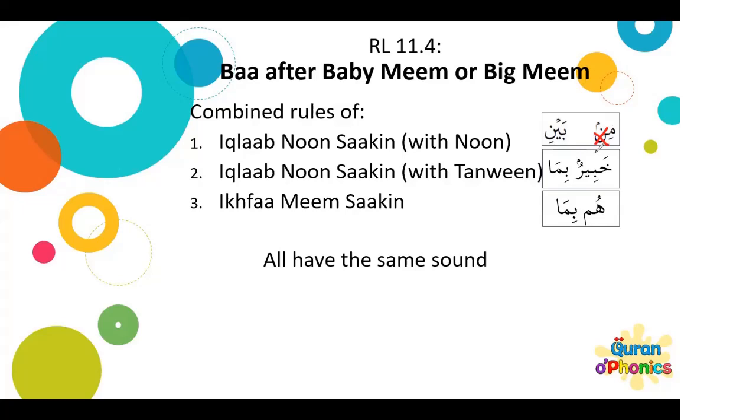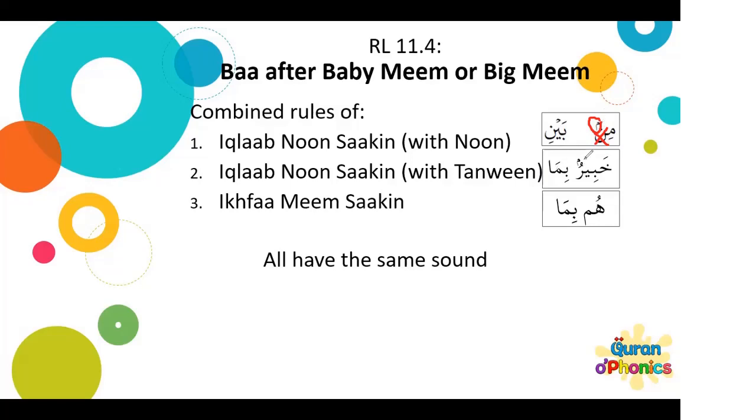Again, here, if noon is carrying a baby meem, it's a carrying letter, and the carrying letters are silent. But the meem sound over here, we'll explain this in the video. It sounds a little bit different from the big meem. You have to hum it and stretch it a bit, and you don't pronounce it very clearly, so it's just hummed.